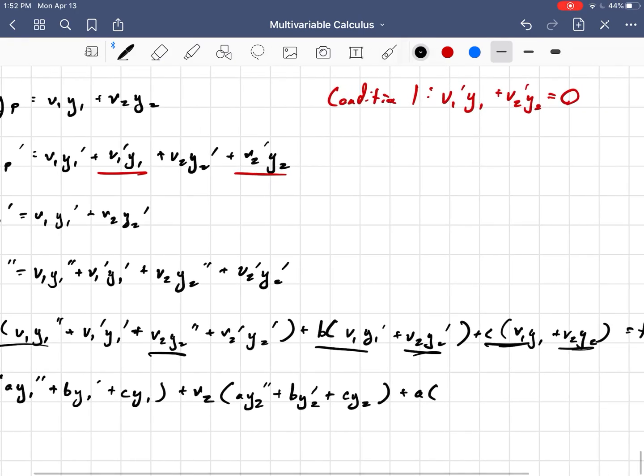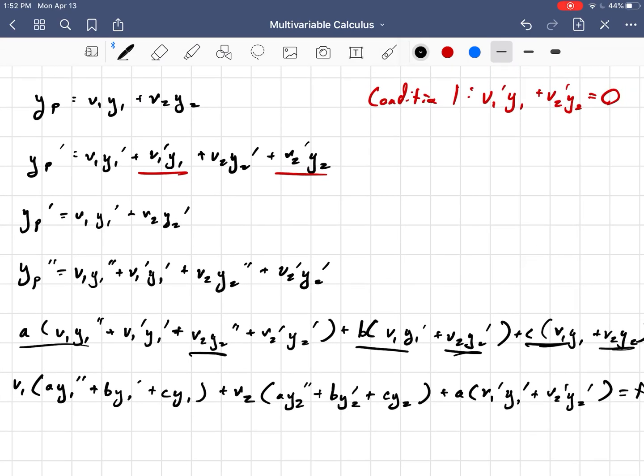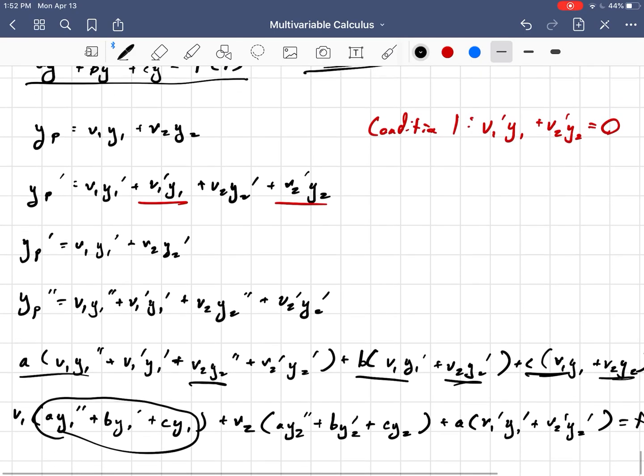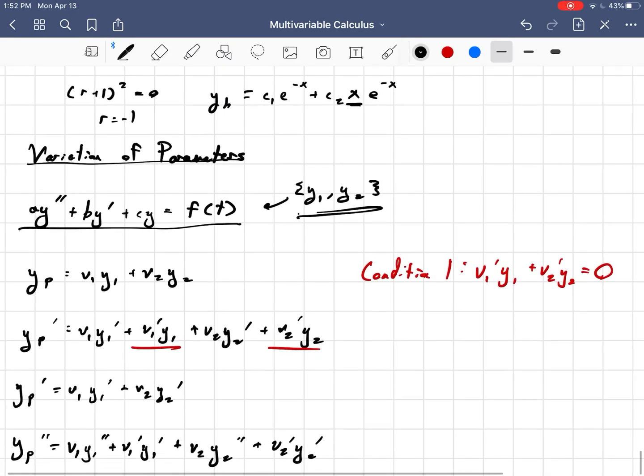And now what isn't underlined? Oh, well, I use this one too. So plus a times v sub 1 prime y sub 1 prime plus v sub 2 prime y sub 2 prime. That's all equal to f of t. Now look at this. This is pretty nice, actually. This is 0.